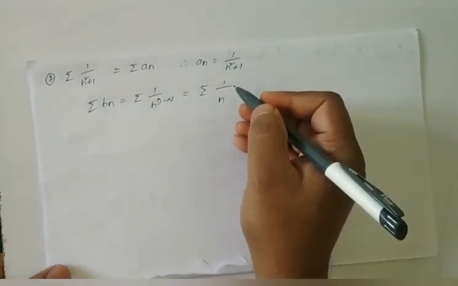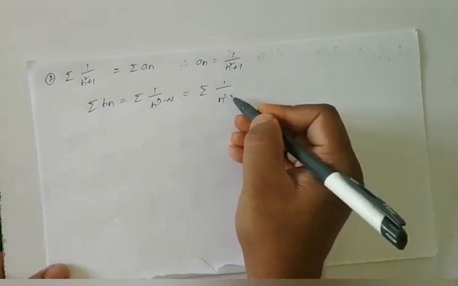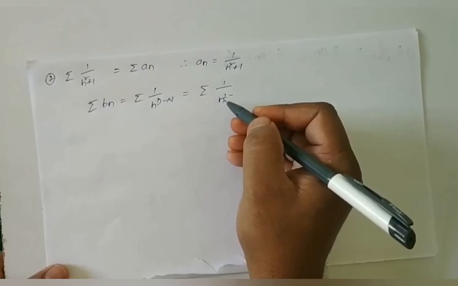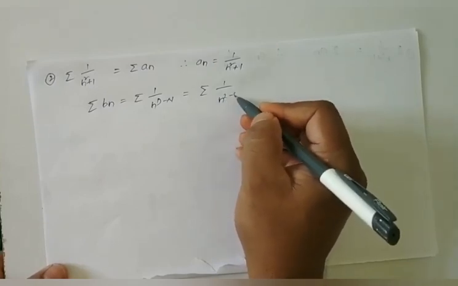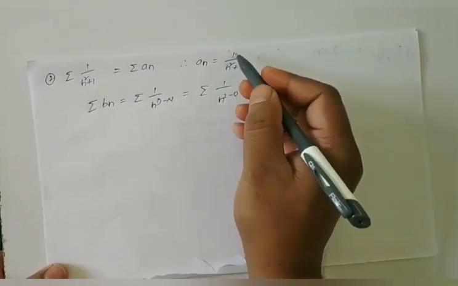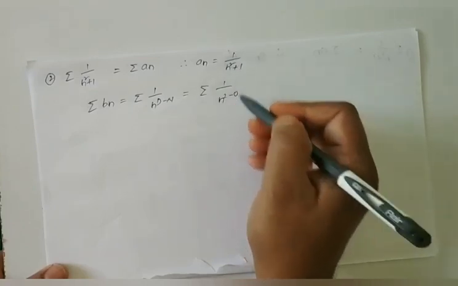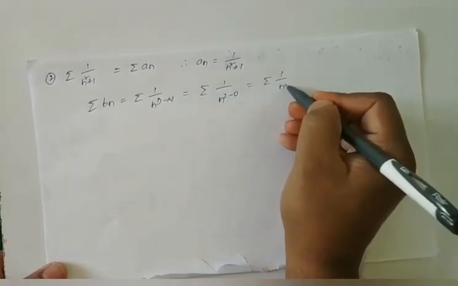The highest power of the denominator is 2. Capital N is the highest power of the numerator in the series an, and here the power of the constant term is 0. So this is summation 1 by n square.